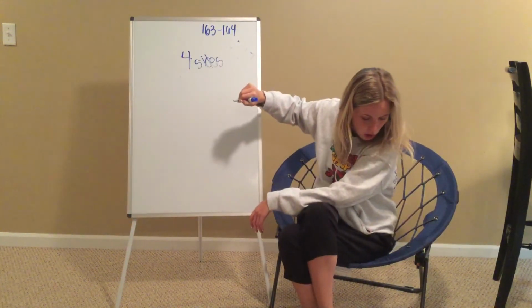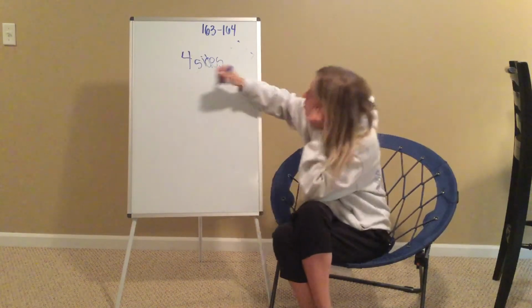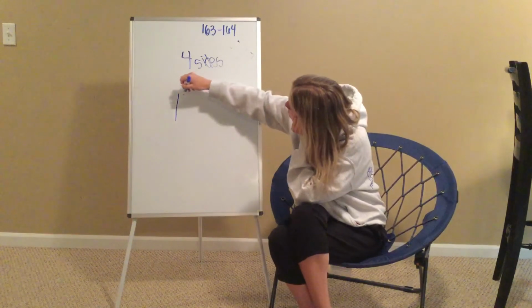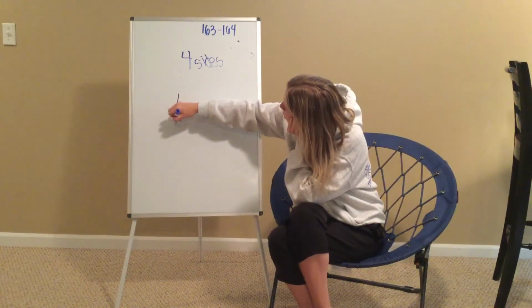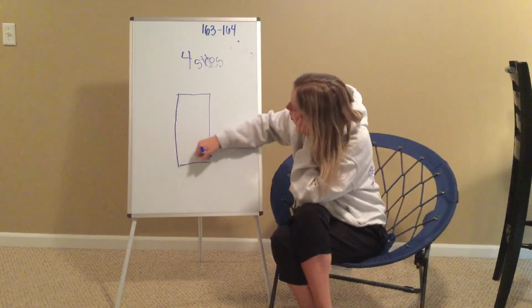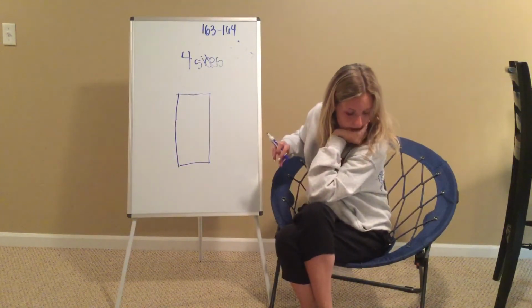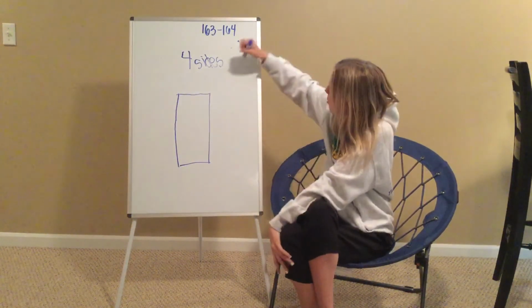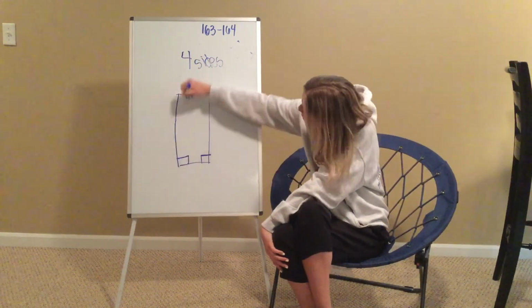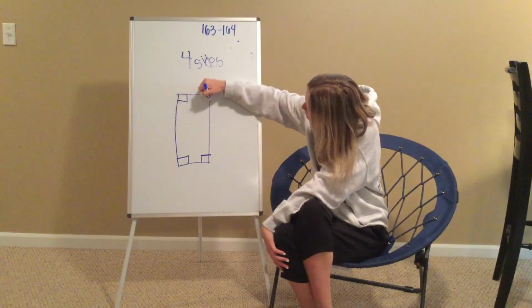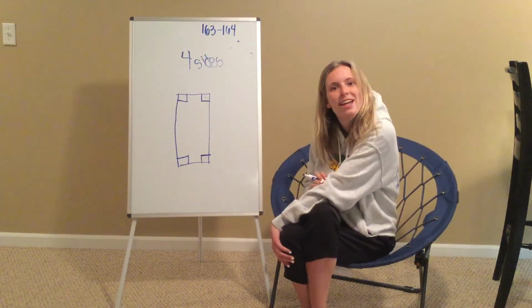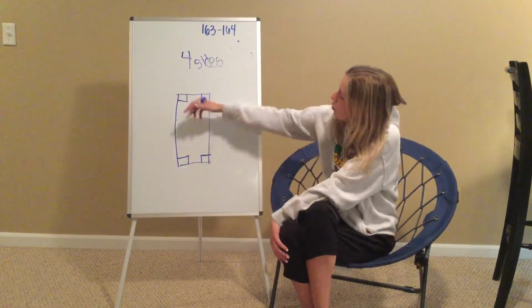It says 2 longs and 2 shorts, so I need 2 long sides and 2 short sides. And 4 square corners. Remember how I showed you those square corners? These are square corners. Make a perfect square in them. Oh, what shape was it? It's a rectangle.